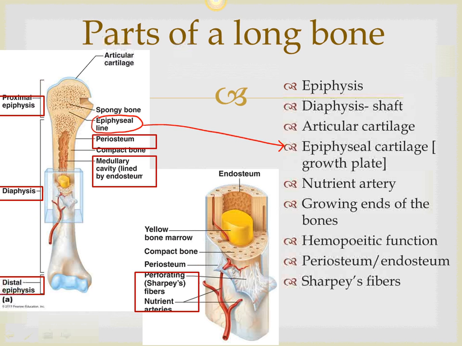It allows the bone to grow in length. It is present between the epiphysis and the diaphysis. So this is the area where you will see this. Don't worry, we'll see more pictures of this. When the bone completely ossifies, that means it becomes all bone, that cartilage is gone and it's replaced by bone, and that area is represented by a line which is called the epiphyseal line.